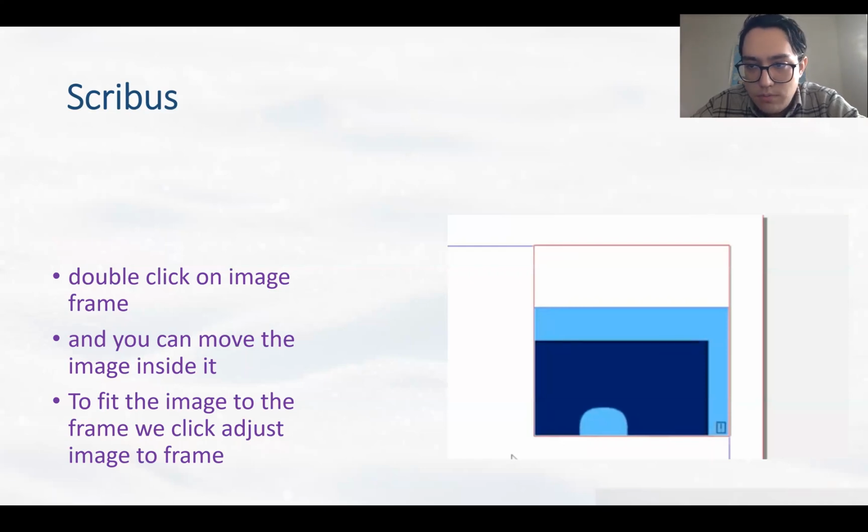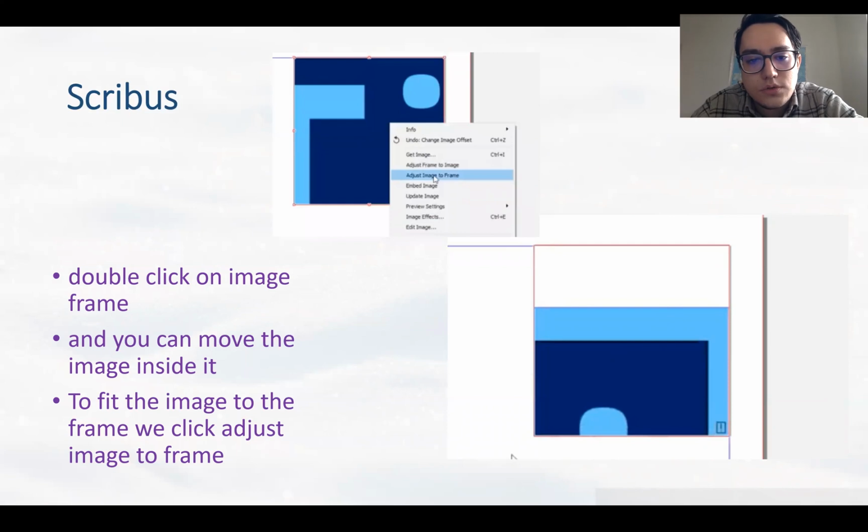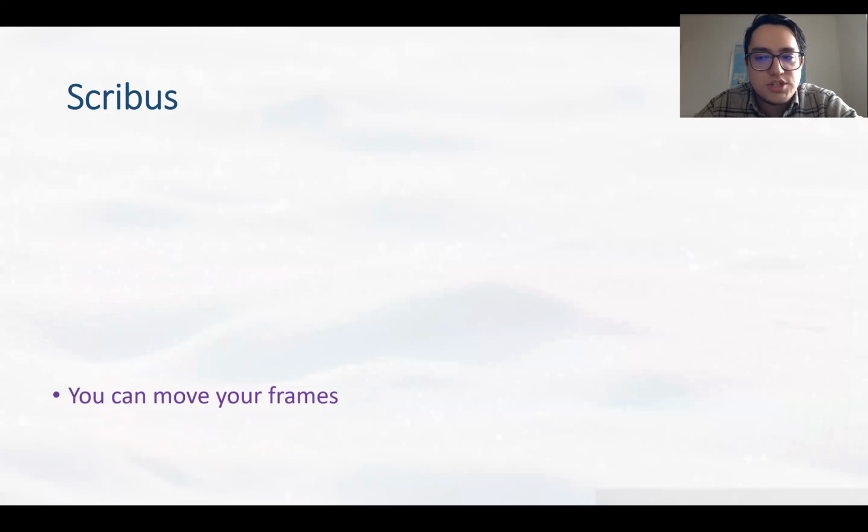So that's the problem, right? So what we can do is double click on it and move it and adjust it by ourselves without changing the size. And the next option would be to right click on it and adjust image to the frame. And when we click that, it will adjust it and it will fit to the frame. So it will change the size.